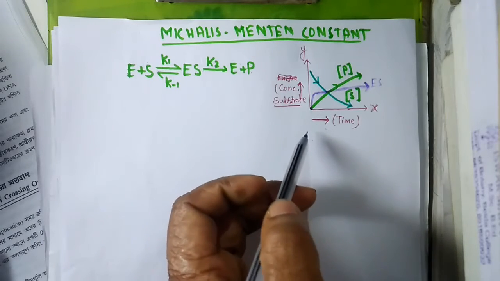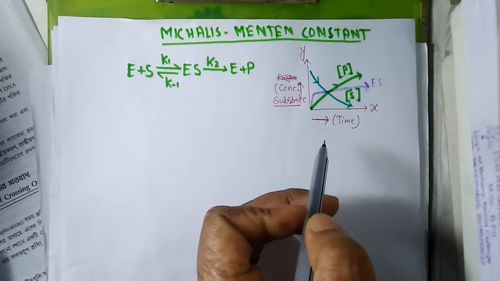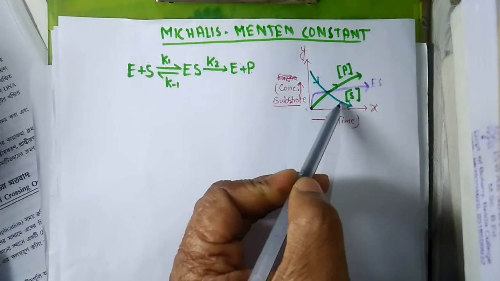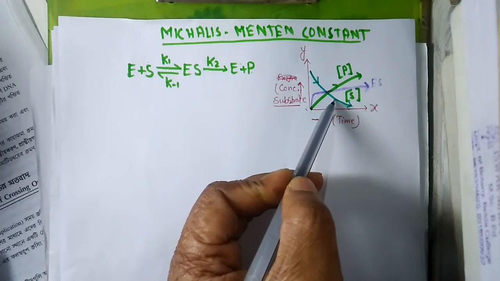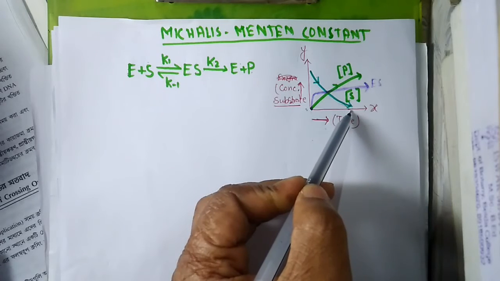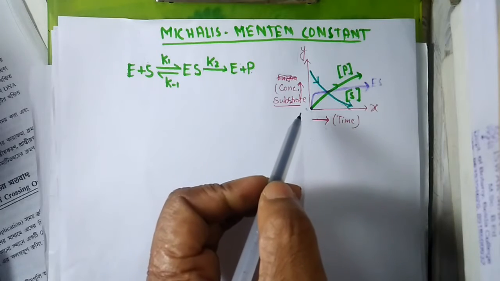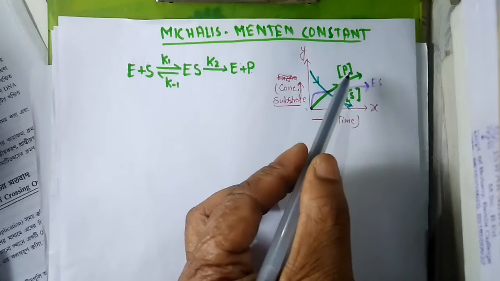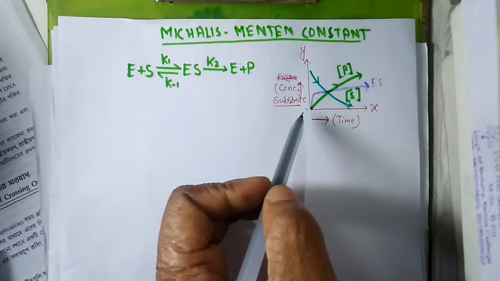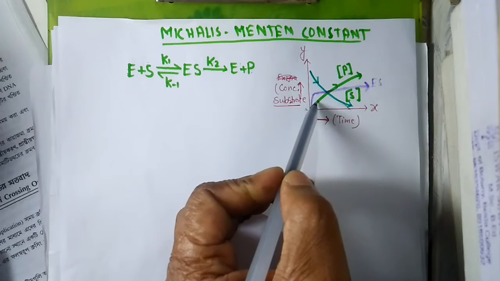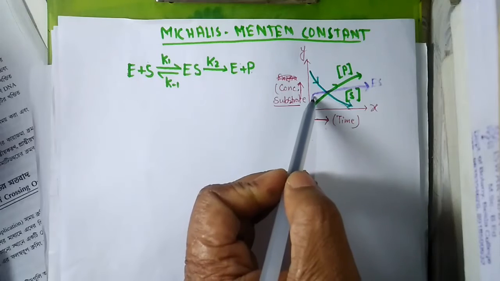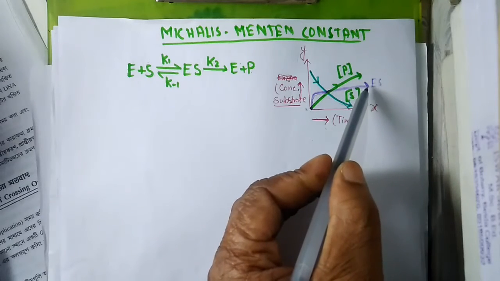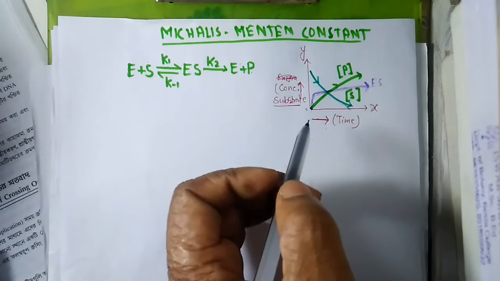With increasing time, substrate concentration gradually decreases. And with increasing time, product concentration increases. The concentration of the enzyme-substrate complex first increases and then reaches a steady state at a specific limit.